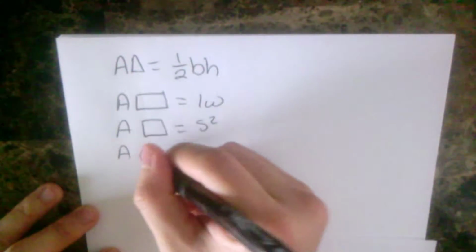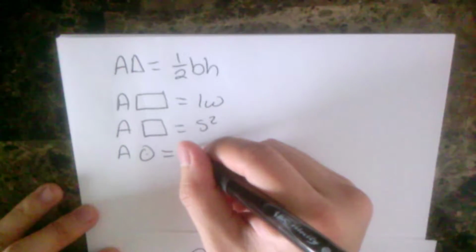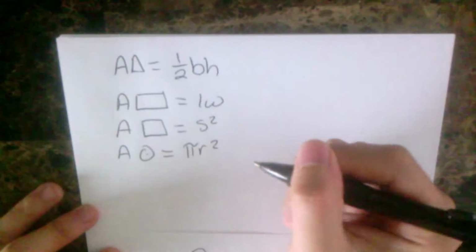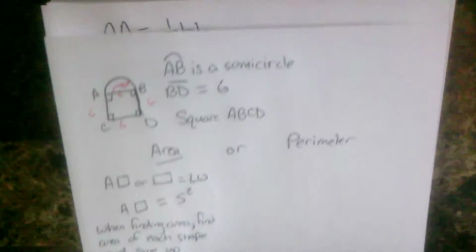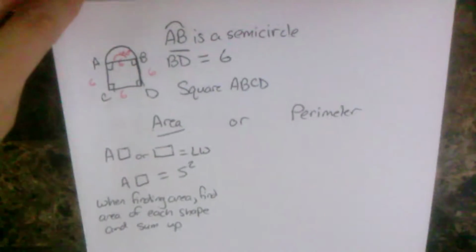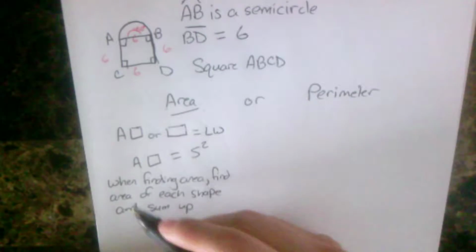And then area of a circle is pi r squared. There we go. Okay, so if you need your area formulas, just memorize them. Those are the only shapes that we'll be working with mixed shapes for now. I know that we just did trapezoids, but I haven't done mixed shapes with trapezoids, so it's not going to be on the test. So in finding area, find the area of each shape.